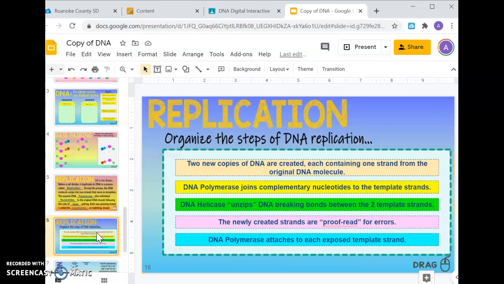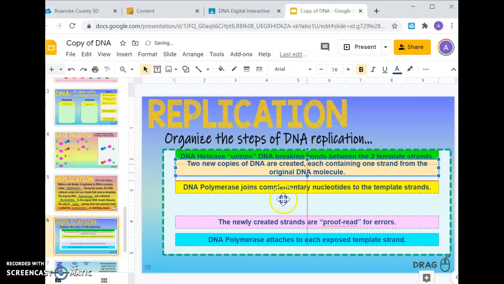All right, on page 6, we're going to just move these around as to what order they go in. So the very first thing that has to happen when you're looking at your DNA, we have a whole bunch of stuff, so you kind of have to move these around a little bit. So you have to be able to open your DNA first.